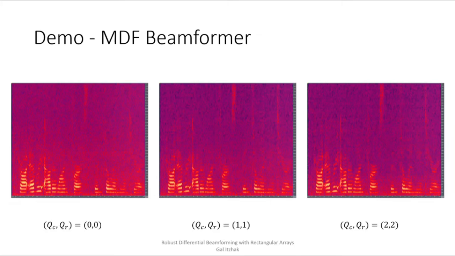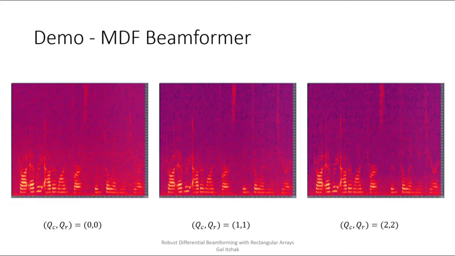Okay, so now let's listen to the enhanced signals with the maximum directivity factor beamformer. First of all, let's hear what happened when QC and QR both equal 0, meaning when the spatial mean operator doesn't work at all. And we can hear that the white noise is considerable.